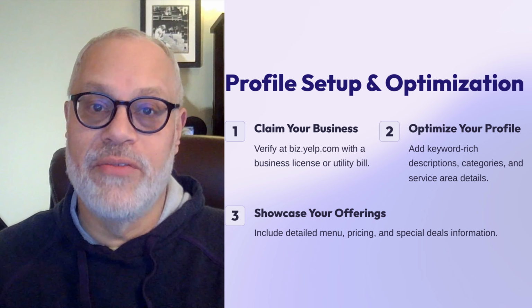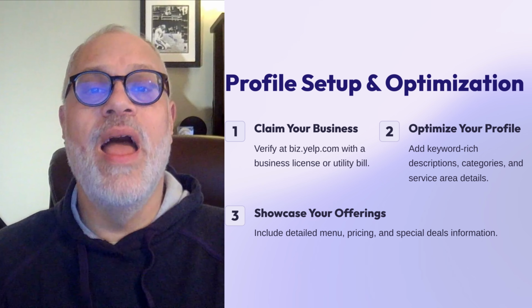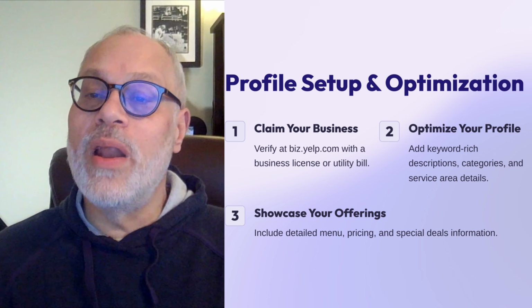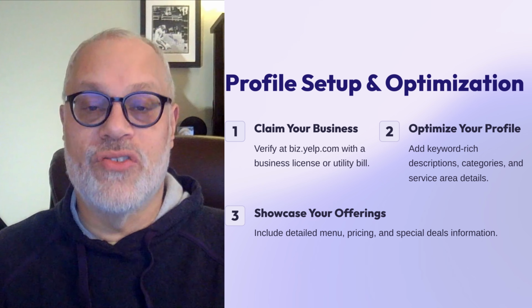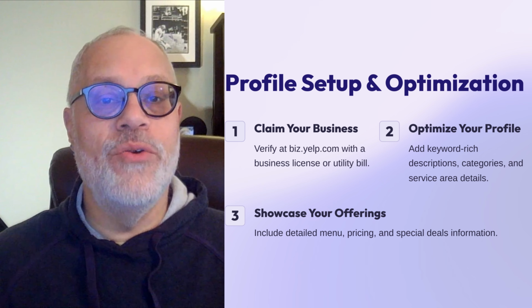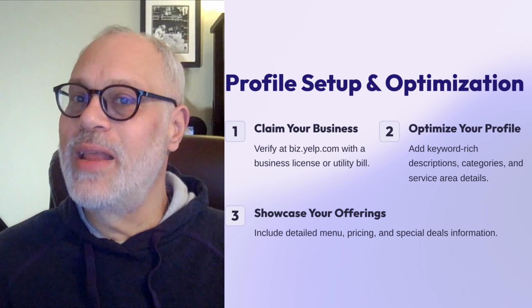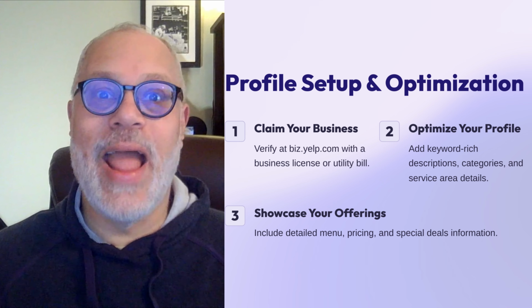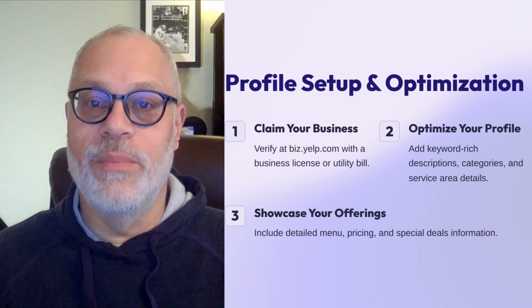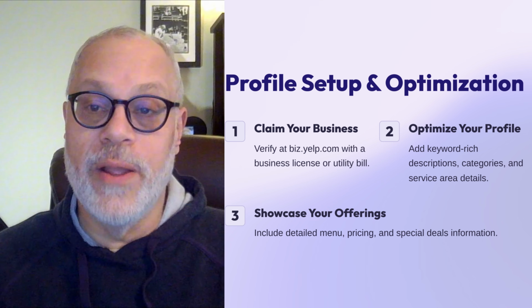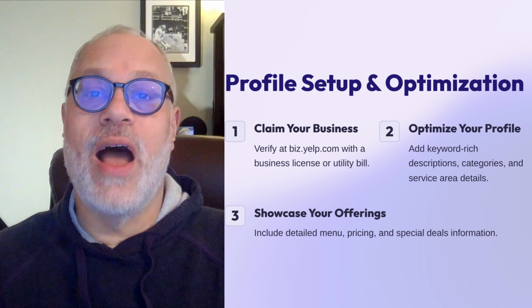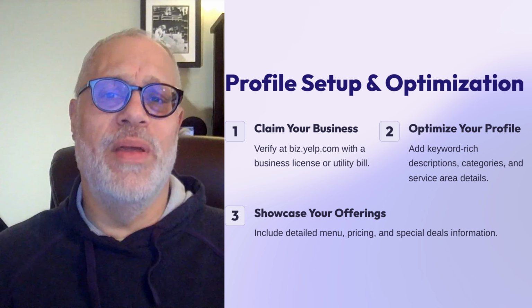I'm sure you're not going to have any trouble with that, but go ahead and do that. And once you're verified, you want to add a keyword-rich description. And obviously it's about you and your brewery. So you want to give an idea of exactly what people are going to encounter and experience when they come and visit you. It could be family-friendly brewery or award-winning craft IPAs. Talk about you and your business.